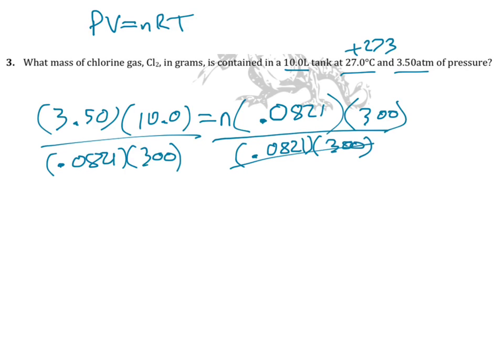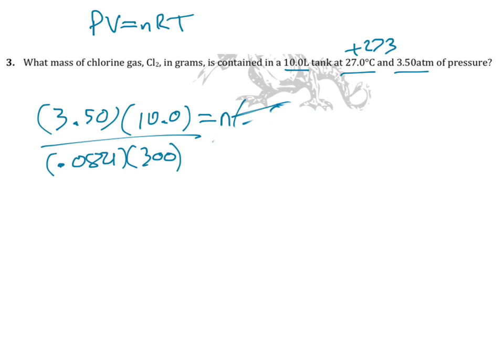What happens is these cancel out, which means that we have n by itself, and essentially n is going to be equal to this particular setup. And all you need to do is type that in the calculator, and you end up with n is equal to 1.42 moles of chlorine gas.